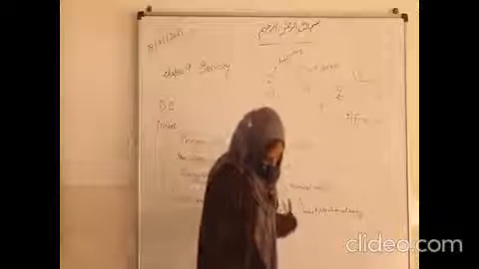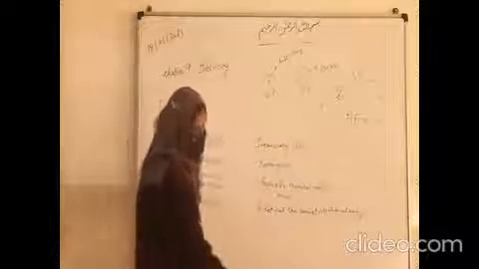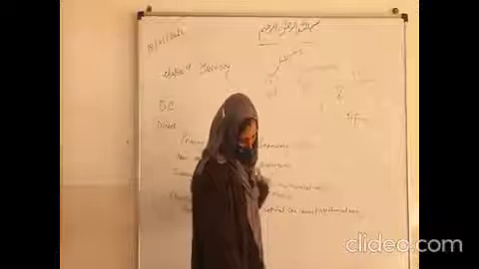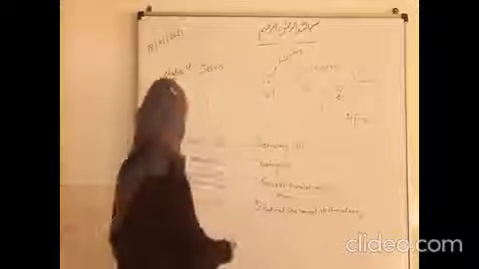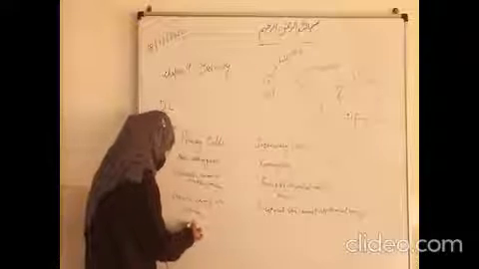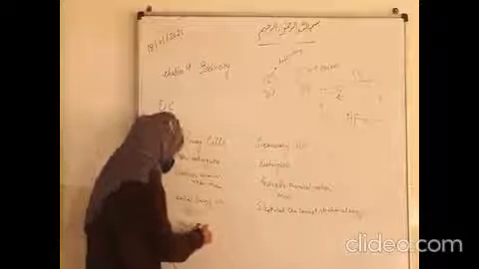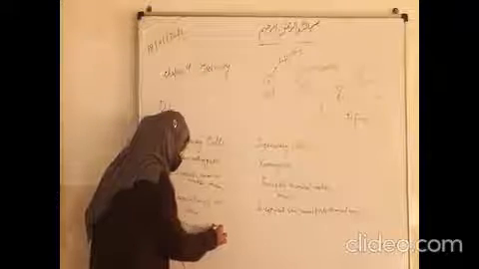Next, it is non-rechargeable, it is rechargeable. Already we have written that. Then it has high internal resistance, which means opposing the flow of current, and it has low internal resistance.